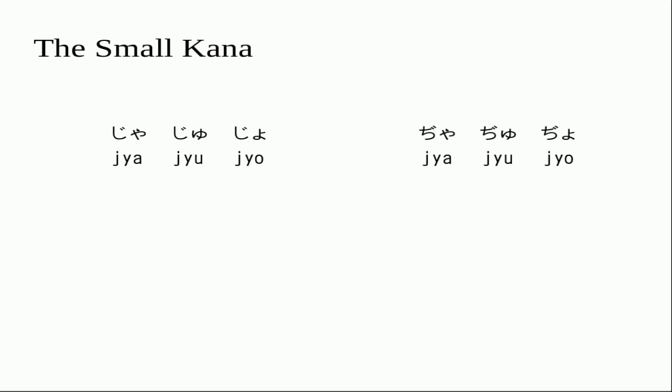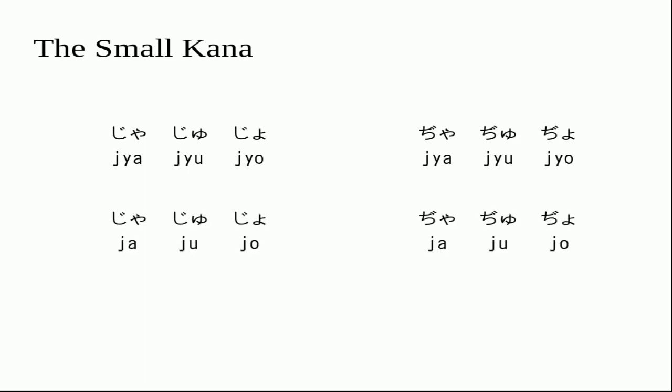Now, the issue, however, is that, as I said before, Roman characters are not perfect at representing these sounds. So at times you will see these two, ja ju jo and ja ju jo, romanized like this, like ja ju jo and ja ju jo. Now, just because the romanization is different, that does not mean that you pronounce them any differently, right?